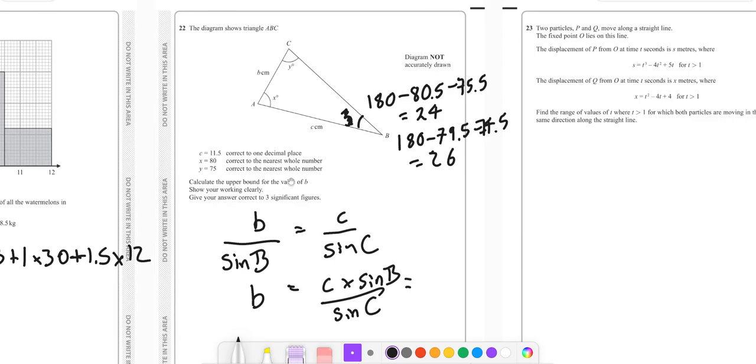So we want upper bound, so we want a big value for c. That's one decimal place, so the biggest that can be is 11.55.